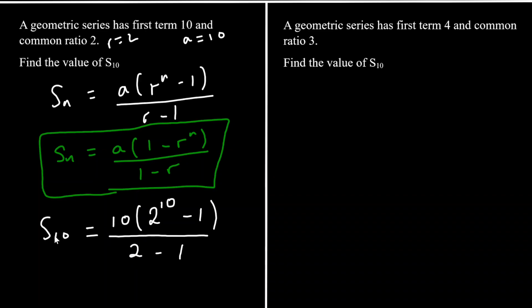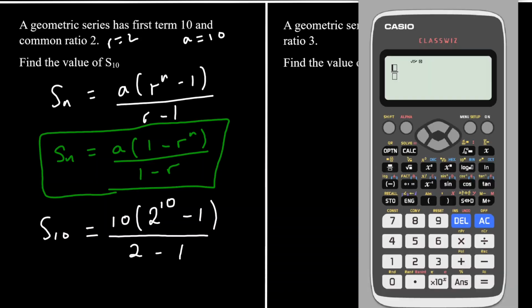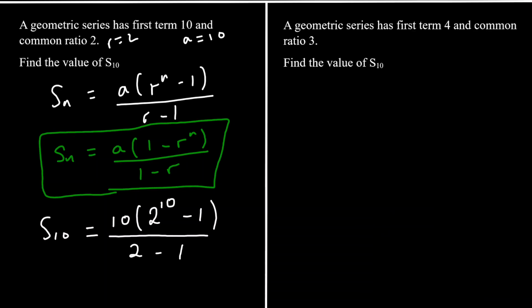The sum of the first 10 terms is this, and we can just type it into the calculator. So 10 times 2 to the power of 10 minus 1 over 2 minus 1, and we get 10,230.